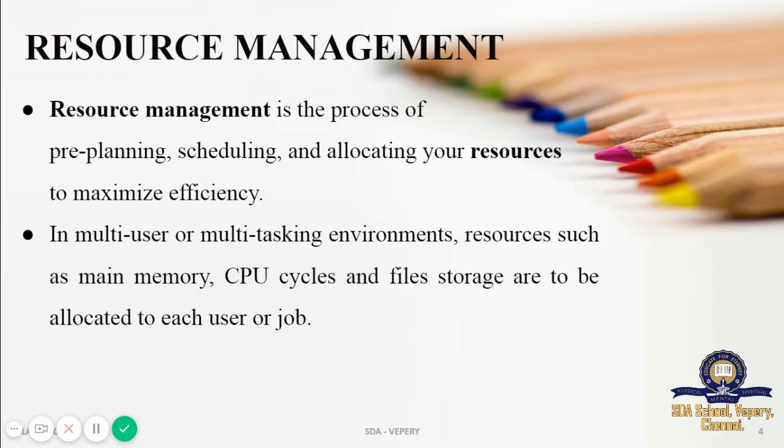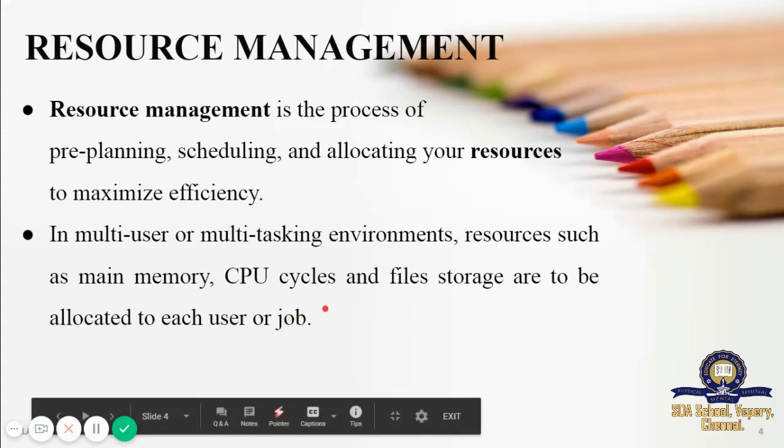They share only one main memory, so the CPU has to fix its own priority and give access one by one. The CPU cycles and file storage are to be allocated to each user or job.